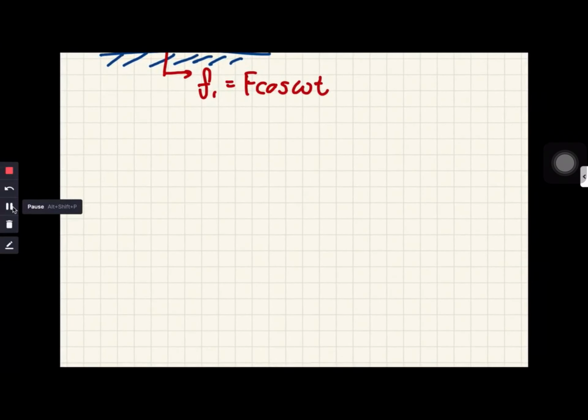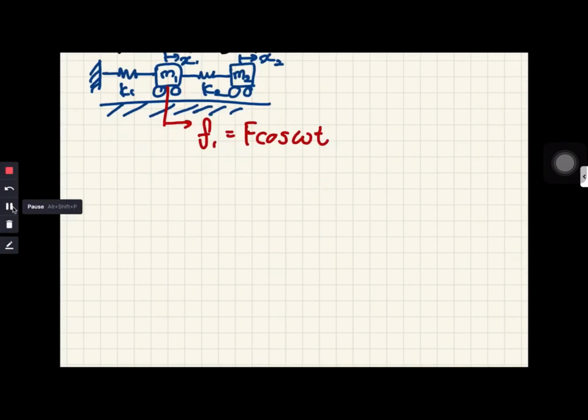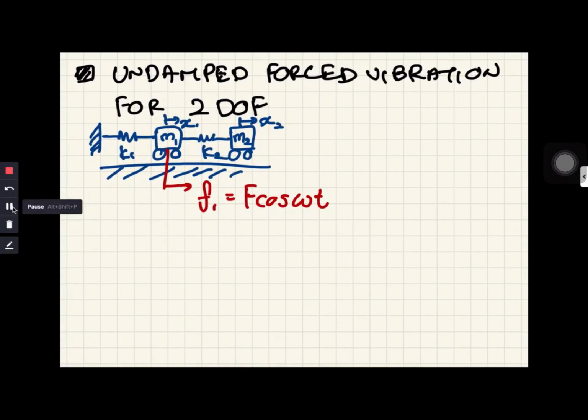I think I'll just write on the side over here, just to save space. Again we can derive the equation of motion. I'll put it a bit smaller.